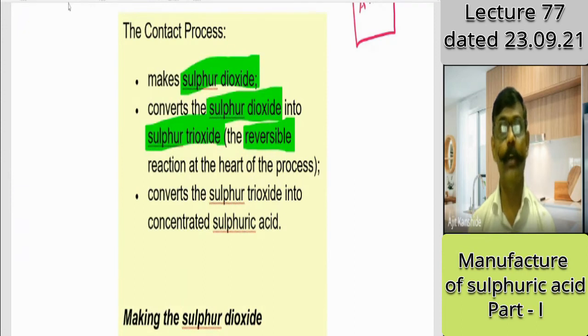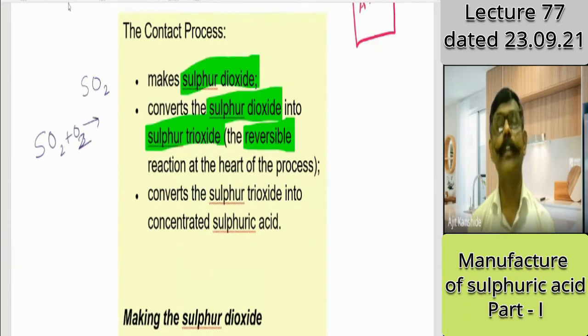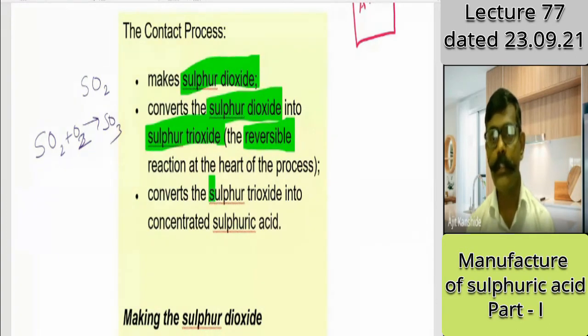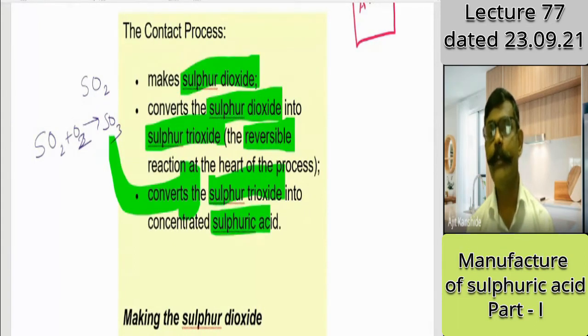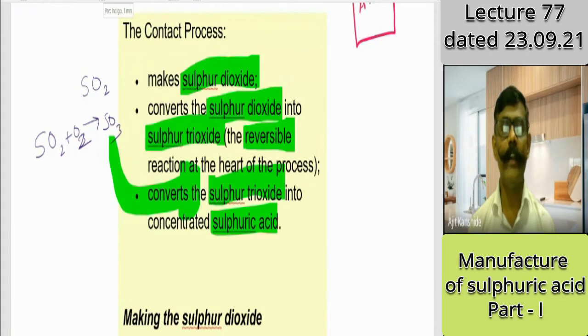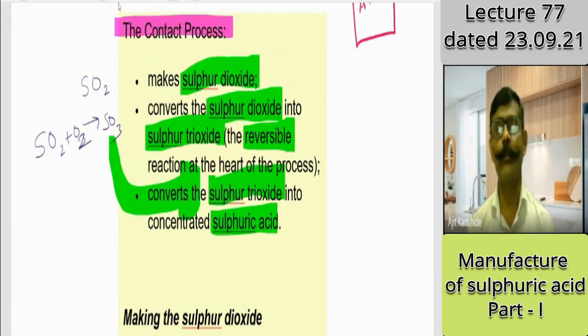The balancing I have to do later. And next, we have to convert this sulfur trioxide to sulfuric acid. This is the understanding of the contact process.